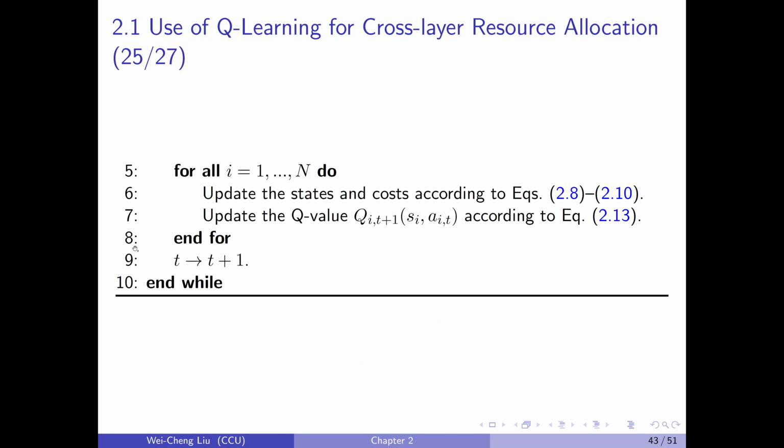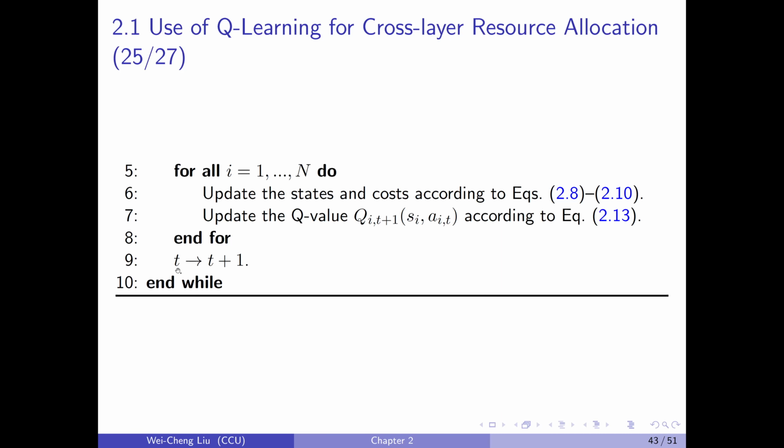So line 8 is end for, that is, end the for loops of line 5 to line 8. And in line 9, the value of t is changed to t plus 1, that is, t is equal to t plus 1.